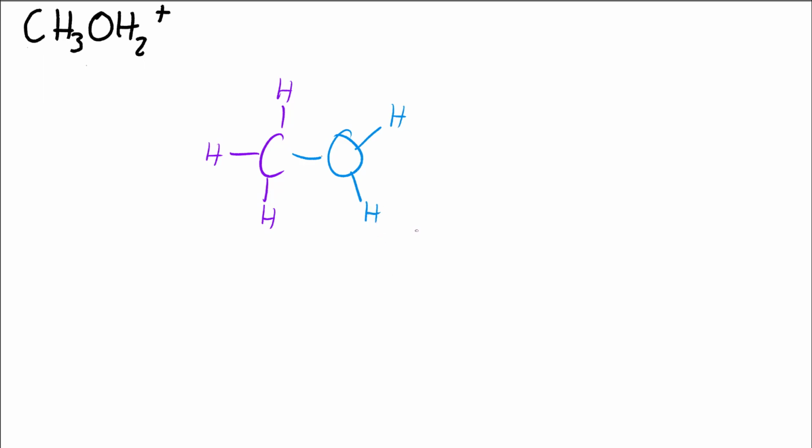But we need to assign the formal charge too. Let's count out the bonds, because carbon is already satisfied. It has 4 bonds, but oxygen has 3 bonds, so it's going to have some lone pairs. And whenever you see a bond, just say 2. So 2, 4, 6 electrons, right? And oxygen wants 8. So 8 minus 6 is 2 lone pairs, right?